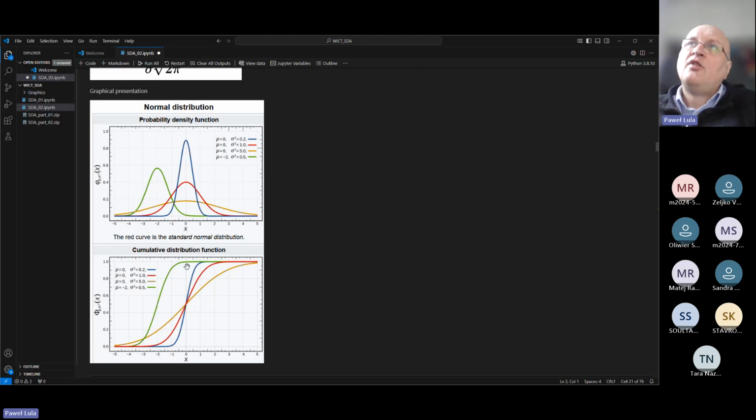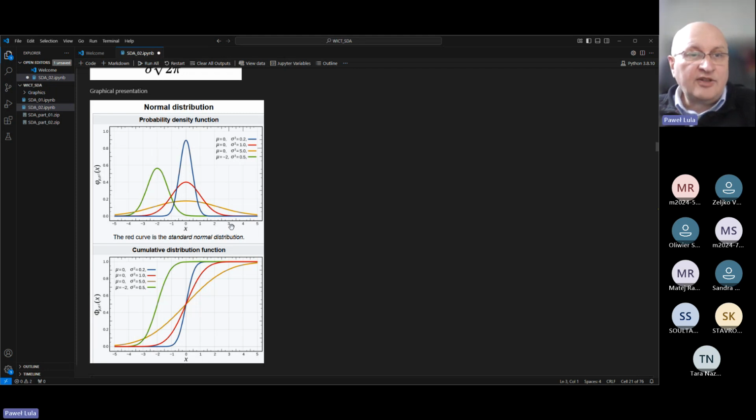We see that for the normal distribution, the shape of the cumulative distribution function is very similar to the letter S. These functions have a theoretical character because these lines were produced using only formulas, not data.